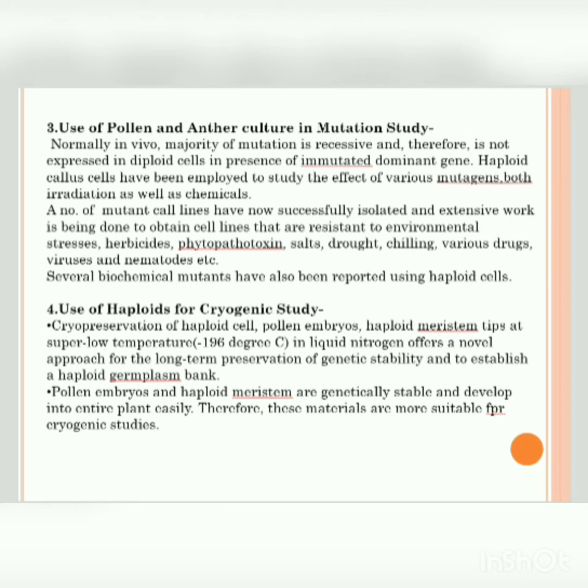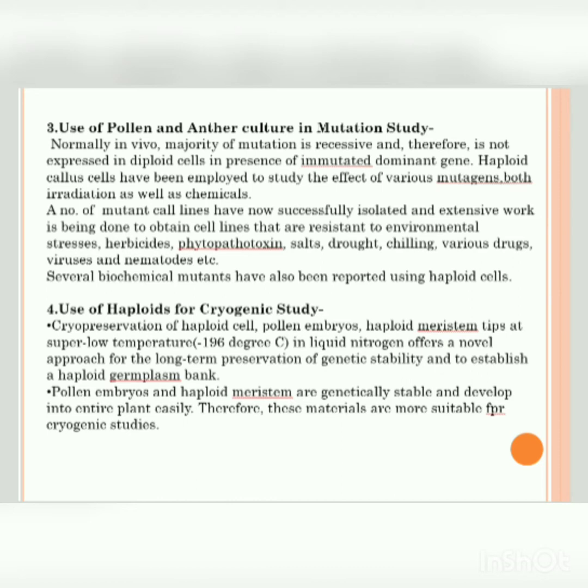The haploid callus cells, that is, the cells resulting from pollen and anther culture, have been employed to study the effect of various mutagens, both irradiation as well as chemicals. Now these mutagens are the factors which are responsible for the mutations.